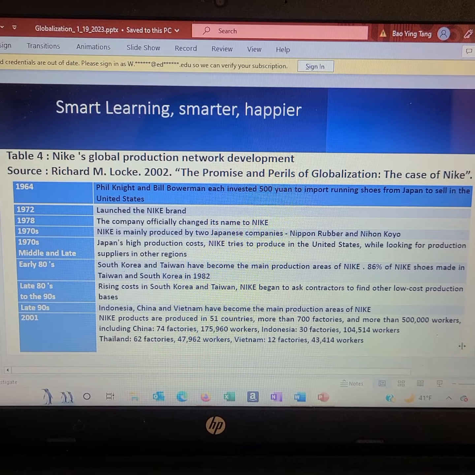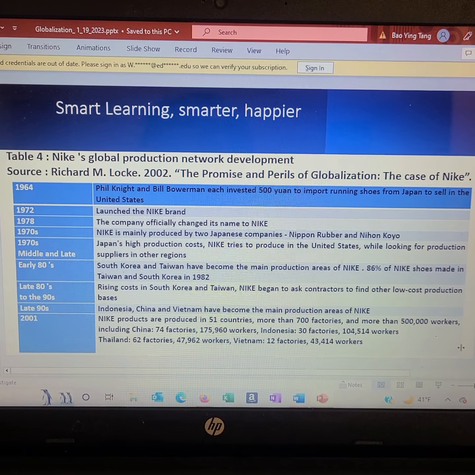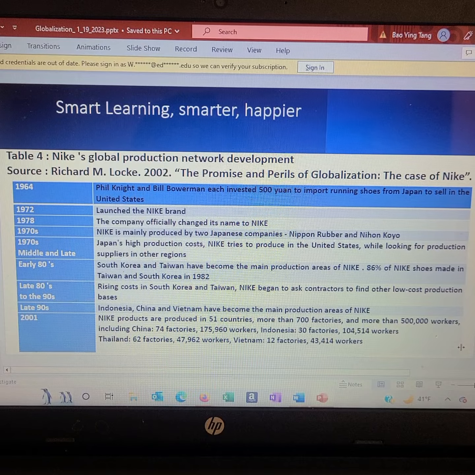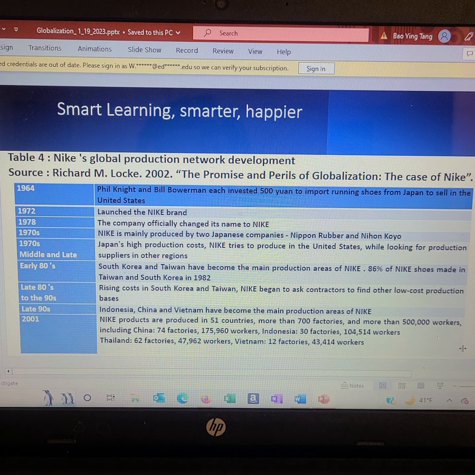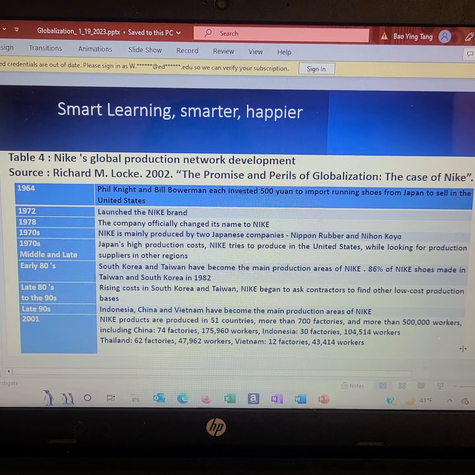So here is table 4 talking about Nike's global production network development. This is from the book of Richard M. Locke in 2002, The Promise and Peril of Globalization, The Case of Nike.